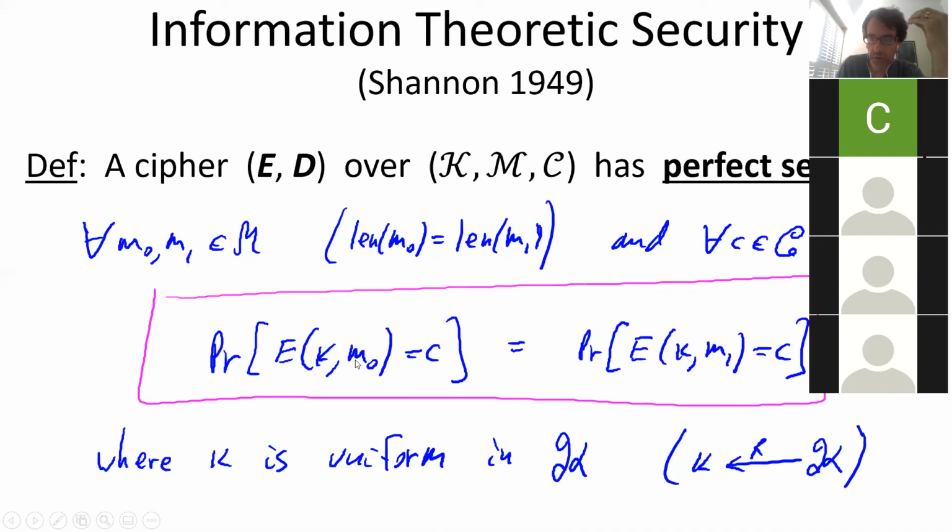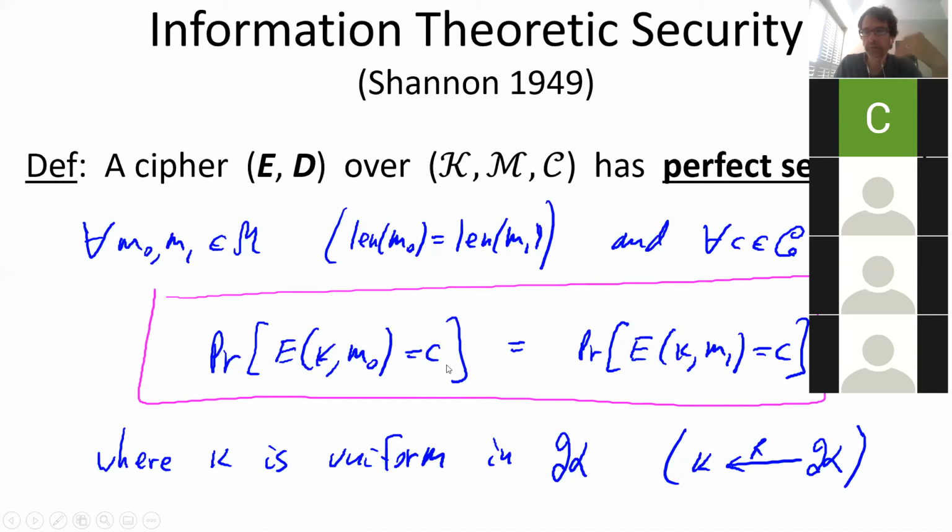So what was the probability that M0 would map to the ciphertext versus what's the probability that M1 did? If these probabilities are the same, then the ciphertext I observe intuitively does not let me decide, did you encrypt M0 or did you encrypt M1?